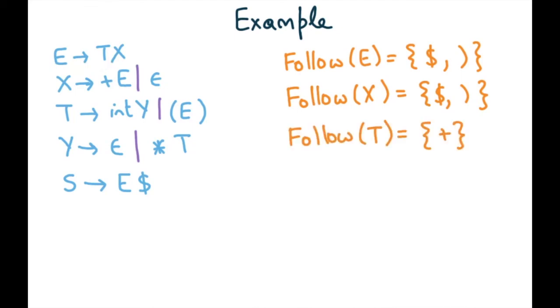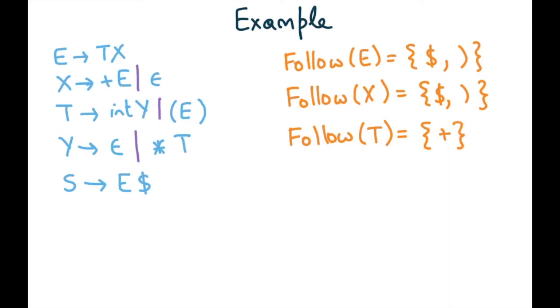So follow of T is plus. But also notice that T is occurring in another production: Y can produce star T. Using the second rule, we can say that anything that follows Y also follows T. So far we don't know what follows Y. The follow set of Y is just empty, so we can't do much here. So we'll just leave follow T at plus.